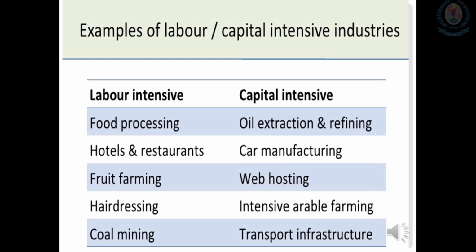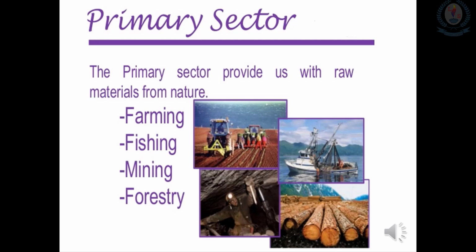Children, now we will learn how resources are used in different sectors. In the primary sector, business activity involves extracting raw materials from the earth or from nature.